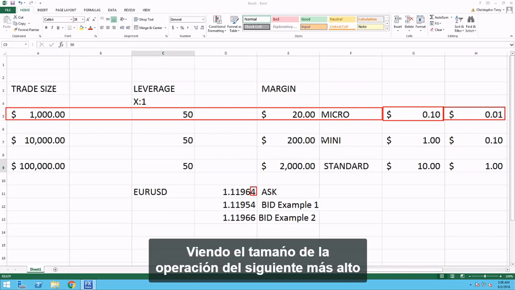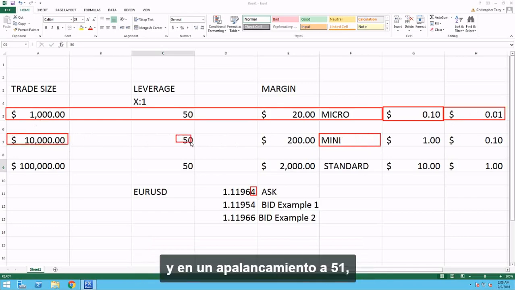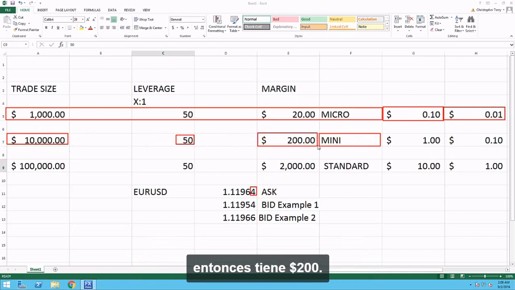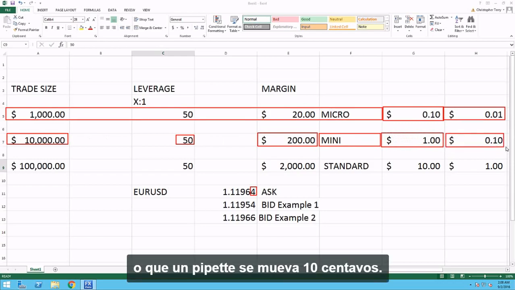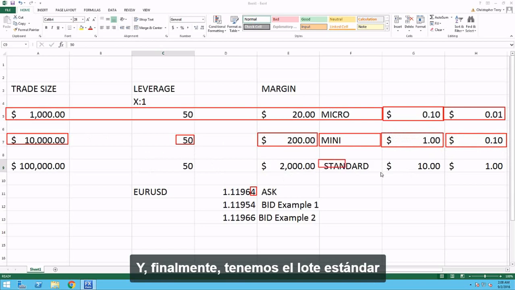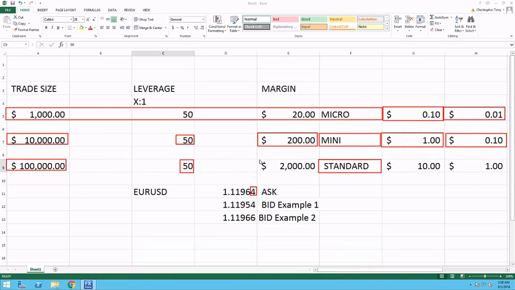Now, looking at the trade size of the next highest is the mini, and that leverage is $10,000, and at a 50 to 1 leverage, you only have to put $200 up in your account. So you have $200, you can leverage $10,000 in value, and every time a pip moves, it's $1, or a pipette moves 10 cents.